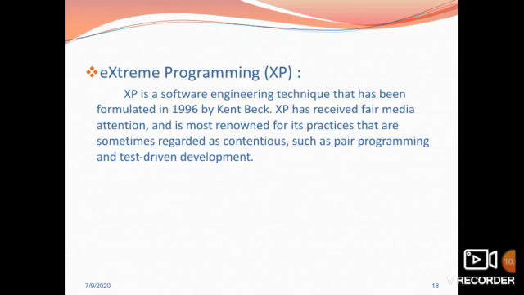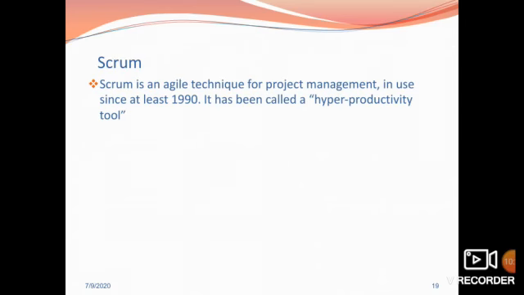Extreme programming is an engineering technique that was formed in 1996. It received fair media attention. It is renowned for practices that are sometimes regarded as conventions, such as pair programming and test-driven development. Scrum is an agile technique for project management. It has been used since 1990.